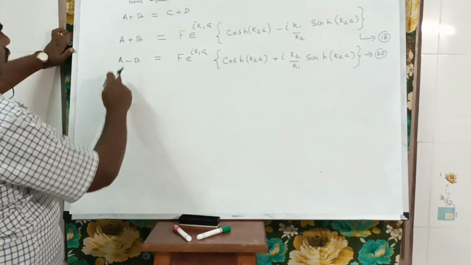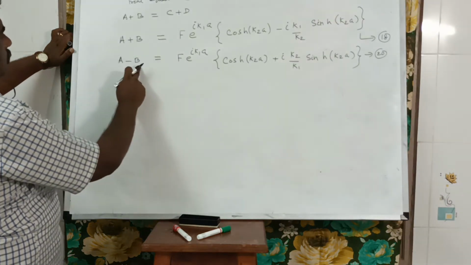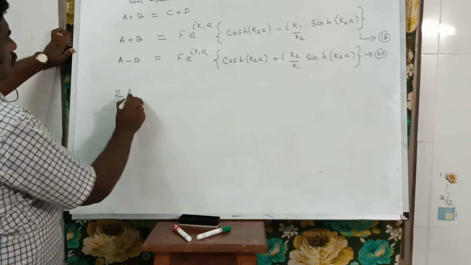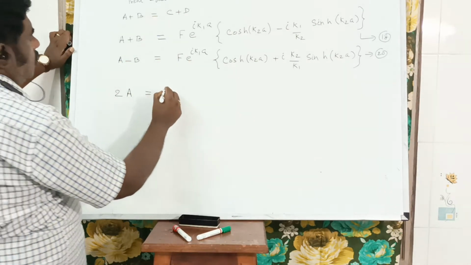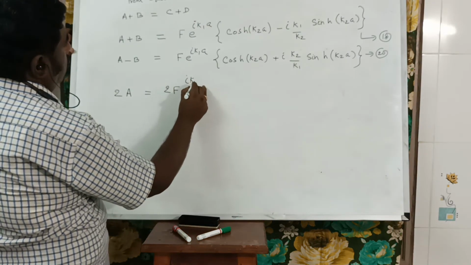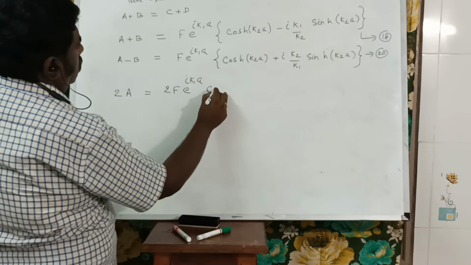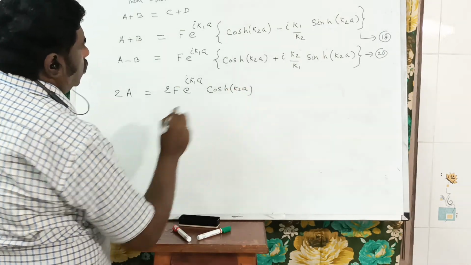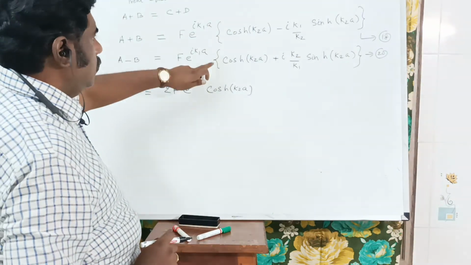If you add the left hand side, A plus B plus A minus B, so this is 2A, which is equal to 2F e power i K1 a cosh K2 of a. First term is over, I have added this term and this term.